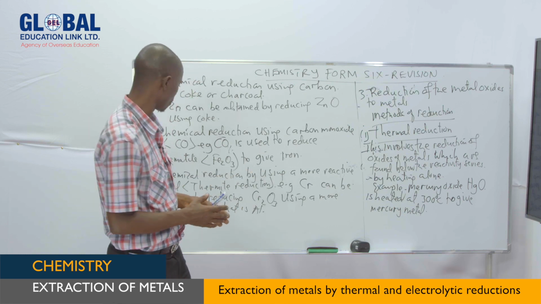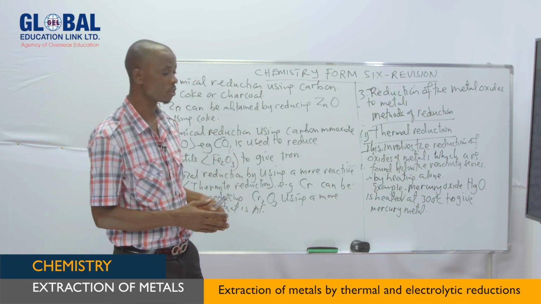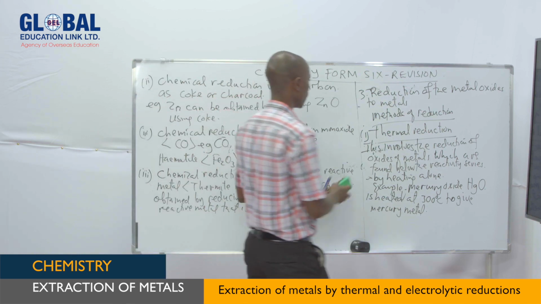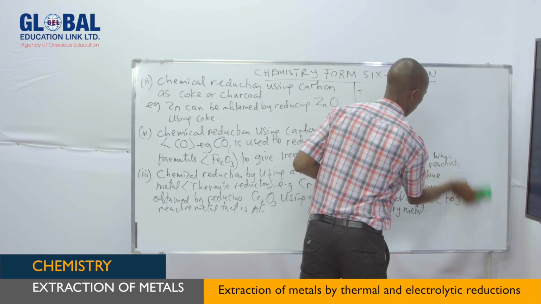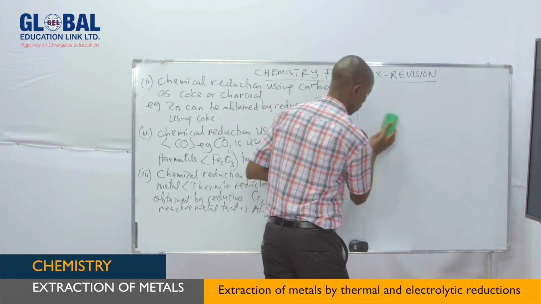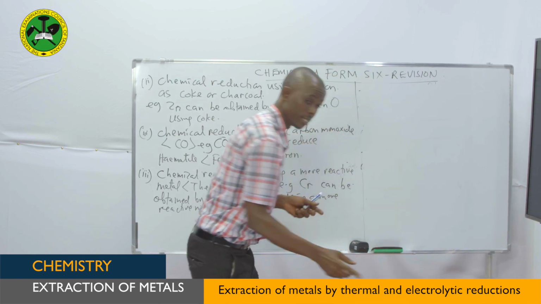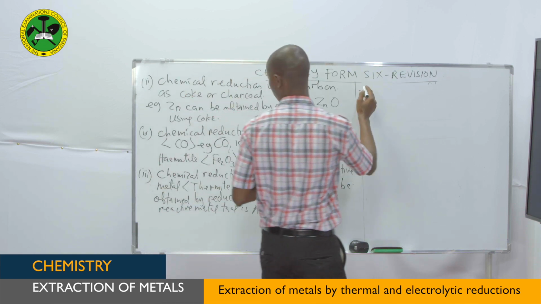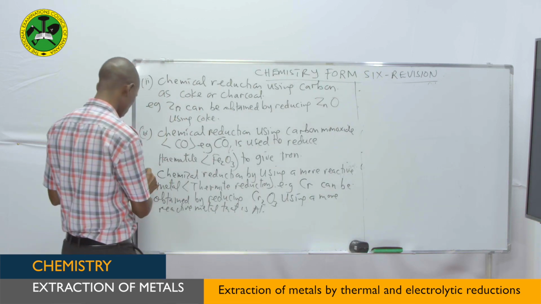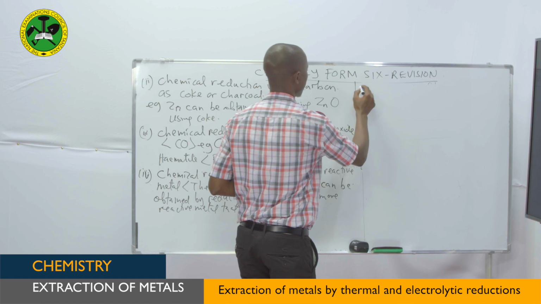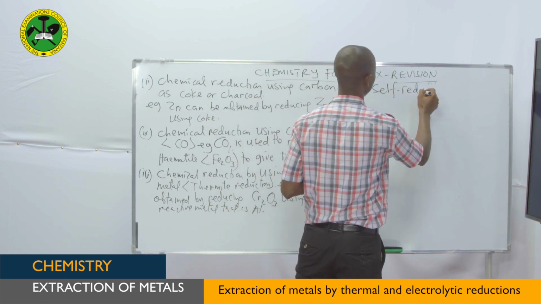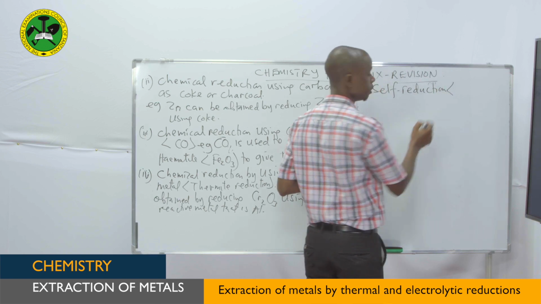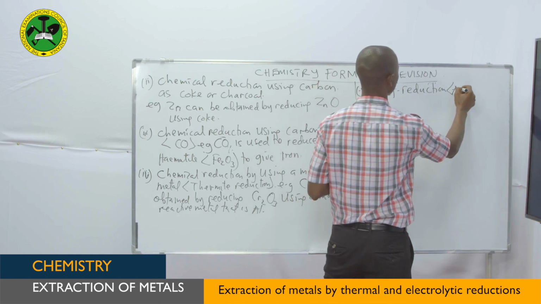Another method that can be used to reduce metal oxides to metals is, number 5, self-reduction, or it is called auto-reduction.